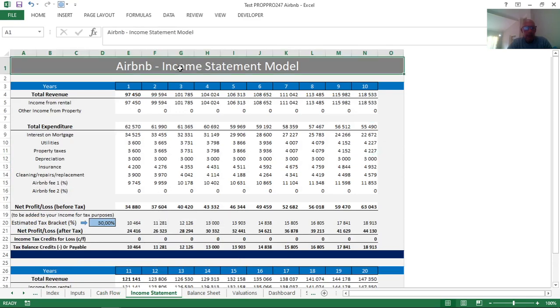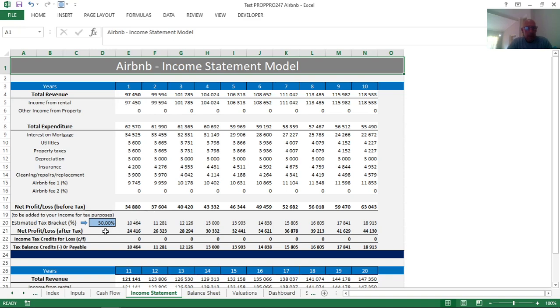Very coherent income statement, everything for you to see. Everything is automated. Your interest on your mortgage balance is calculated year by year. Your depreciation on the capex items that you have in the Airbnb investment. And you can go down here.